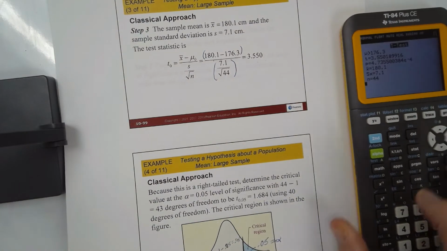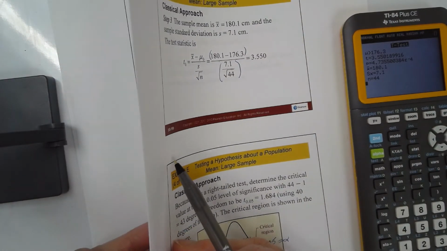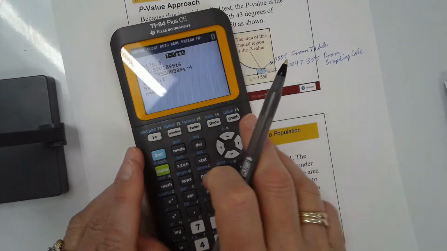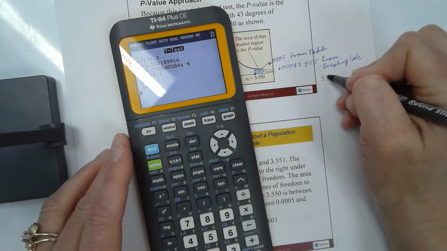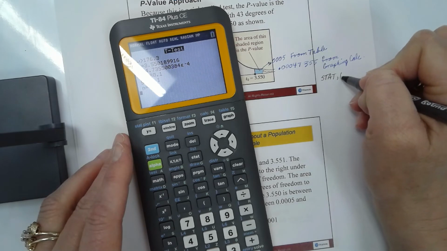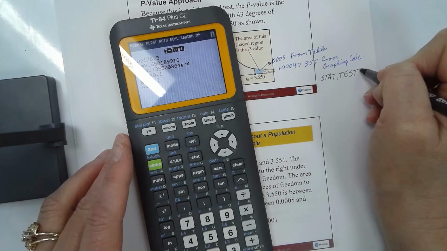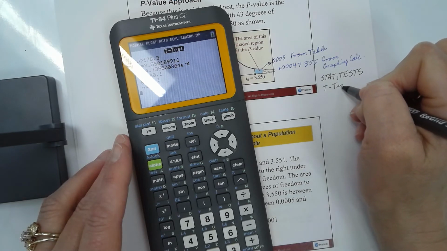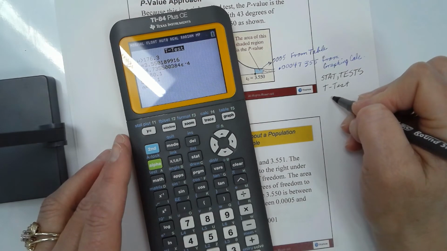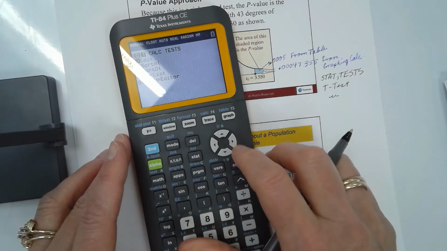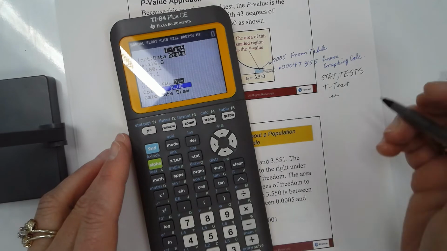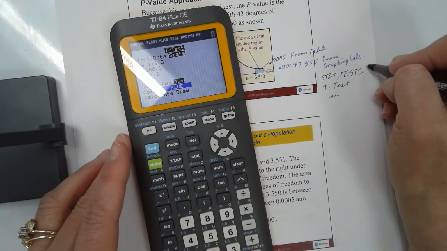So when you use the calculator to find the p-value, you do stat, tests, t-test. Stat tests, go down to number 2, t-test, choose stats if the stats are given to you.